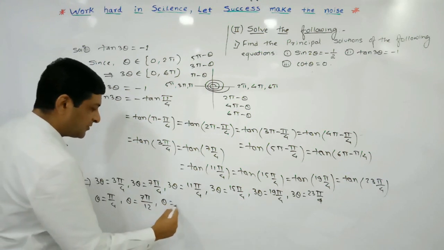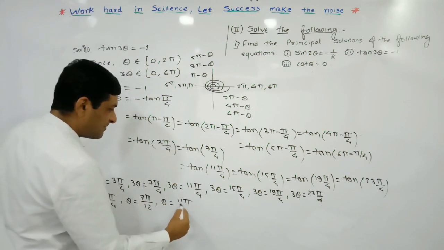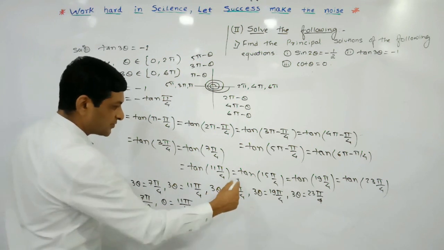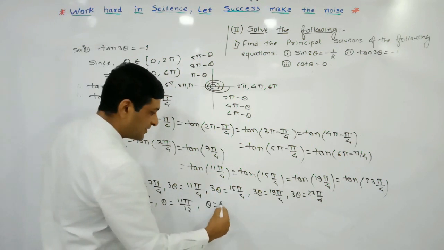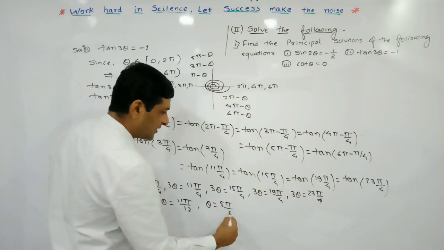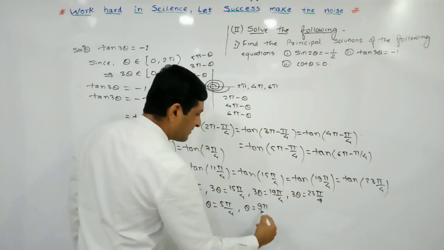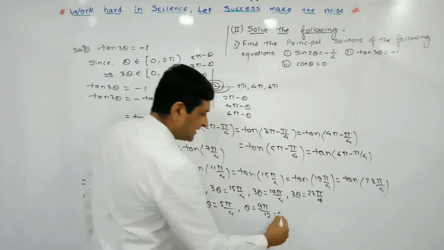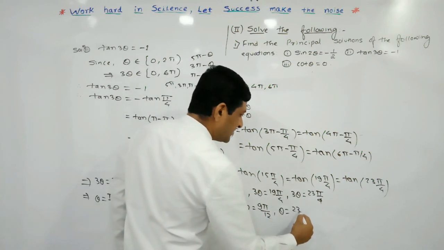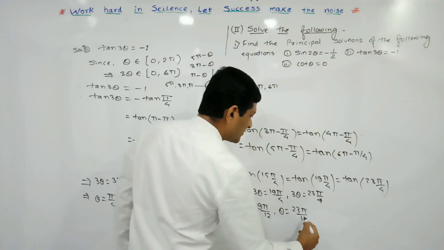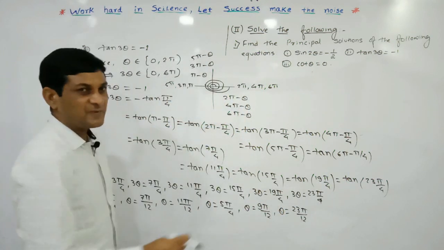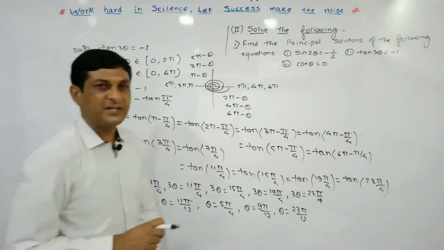Here theta will be equal to 11 pi by 12. Dividing both sides by 3, here theta will be equal to 5 pi by 4. Here we get theta equal to 9 pi by 12, and lastly theta equals 23 pi by 12.